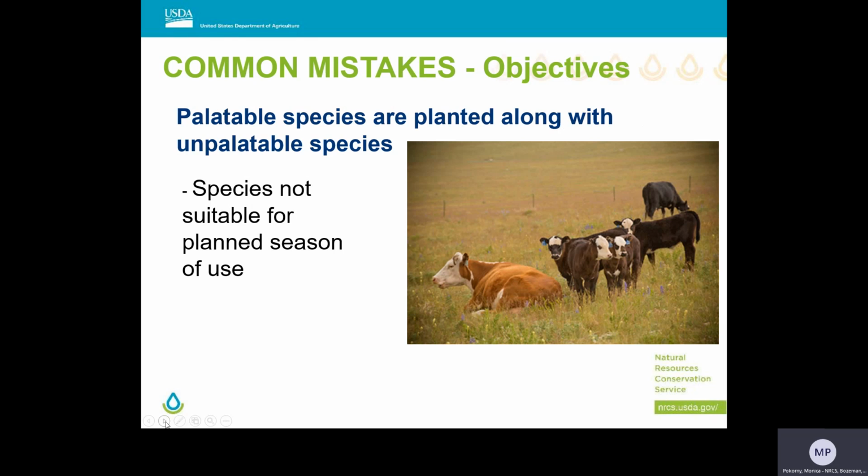Again, this can lead to early pasture degradation or low quality forage on the site. It's a good example of why you need to be really specific when you're talking with your landowners about what their objectives are on the site, and how they're going to use that site year to year or season to season as you're developing the seed mix.